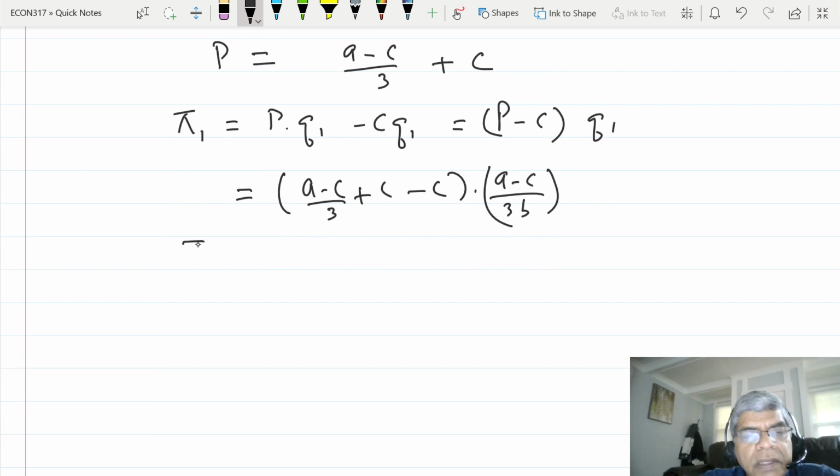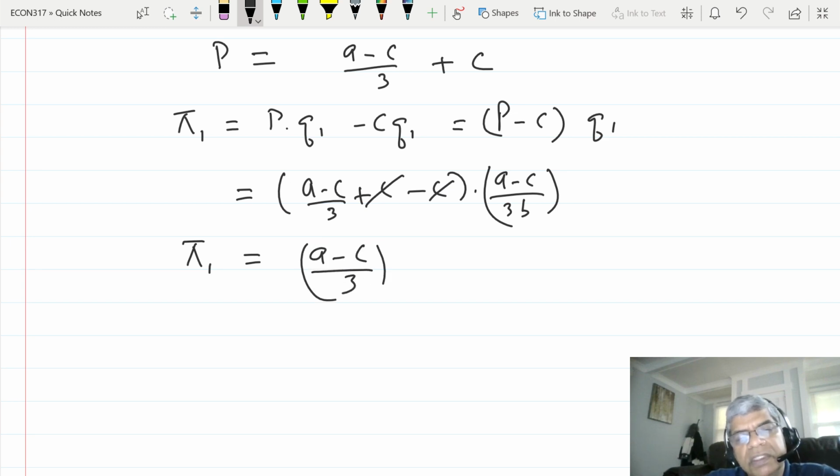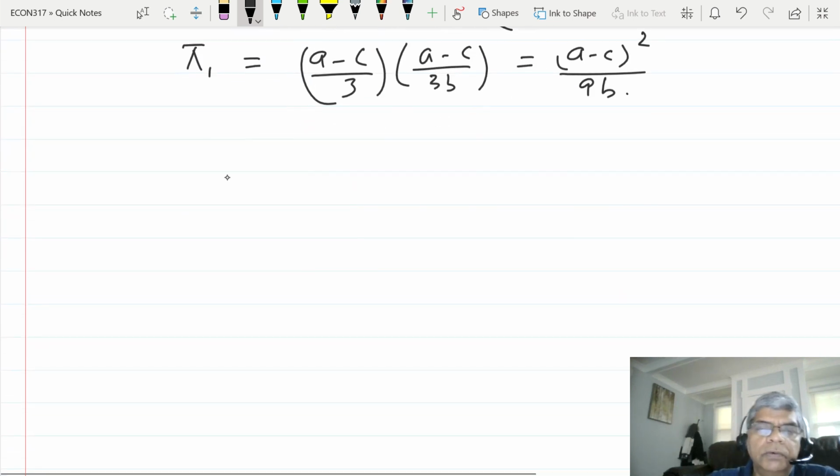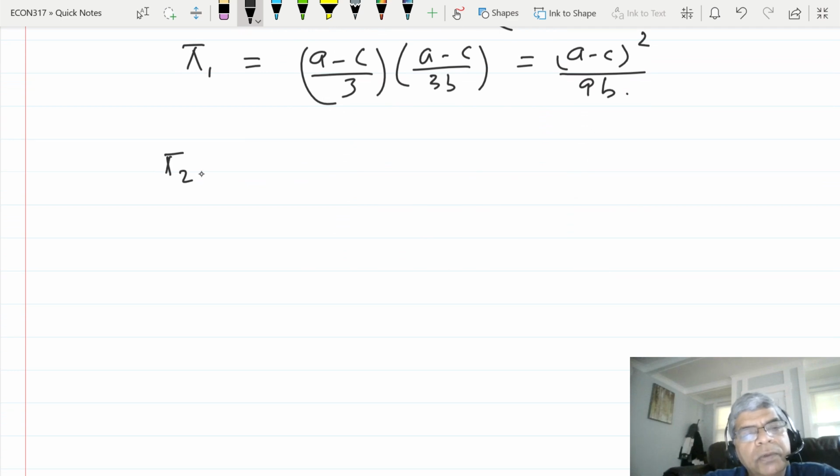With this, you can see C and negative C cancel each other out, so I get (A minus C) over 3 times (A minus C) over 3B. This tells me profit for firm 1 is (A minus C) whole square over 9B. We could compute profit for firm 2 as well, which will turn out to be identical: (A minus C) whole square over 9B.